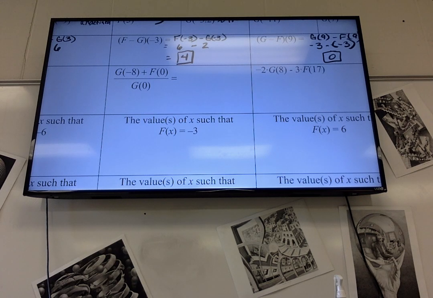Top number's off. The sign's off here, and that one's just a little off. So this one is just find the x, right? Yep. So you just look at where it is. Yeah, you're just going in reverse order.